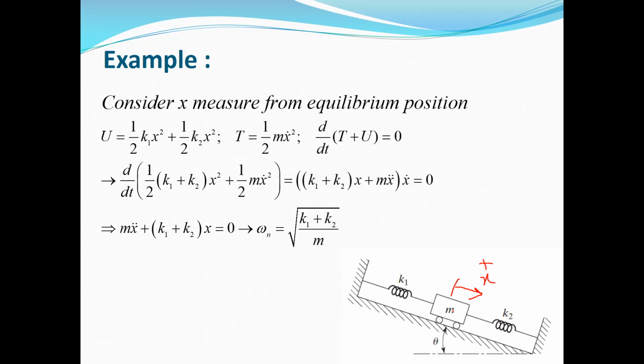When this mass m is going down, the spring K2 will be under pressure, so the reaction of this force on mass m will be an upward force equal to K2 times x. And also the spring K1 will be pulled, and the reaction on mass m is again an upward force with amplitude K1 times x.